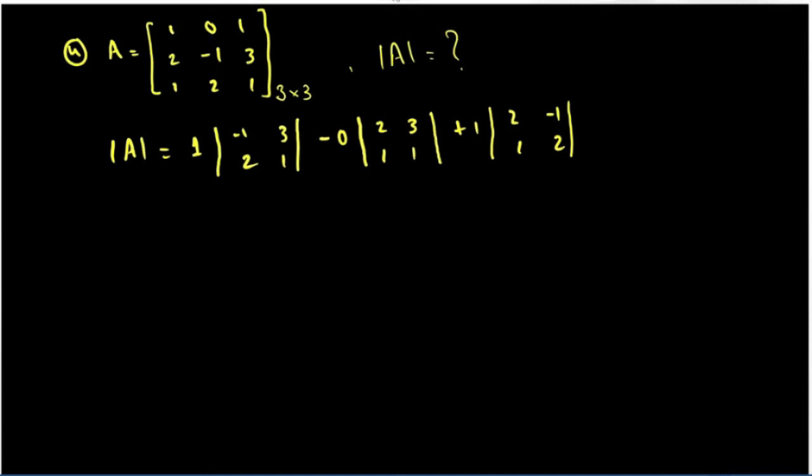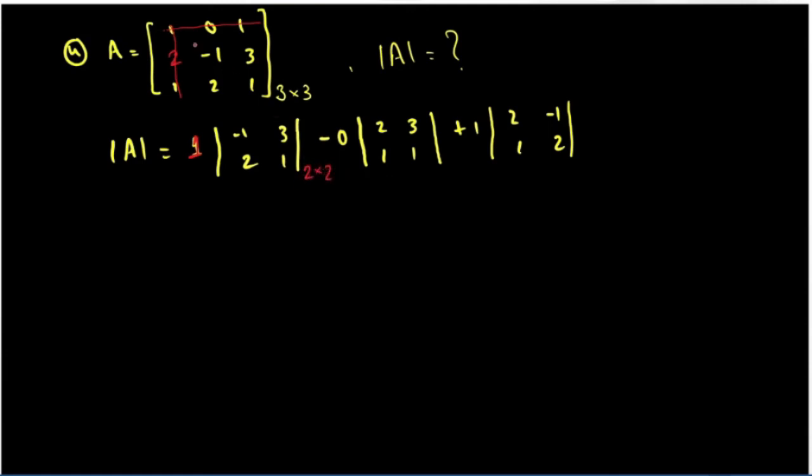First, I will take the first element outside the matrix, that is 1, and then I will hide its respective row and column. So I will hide the first row and first column. So the remaining elements will be -1, 3, 2, 1. So I have written it as a 2 cross 2 matrix.